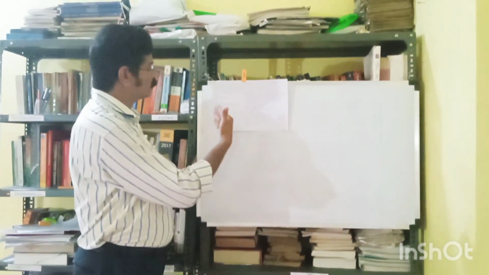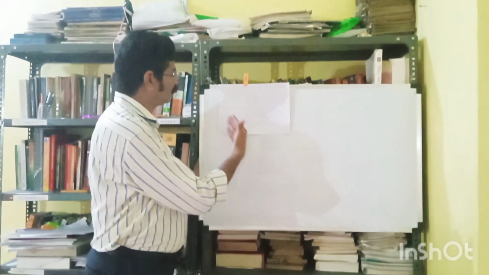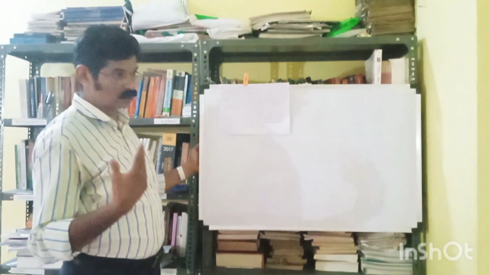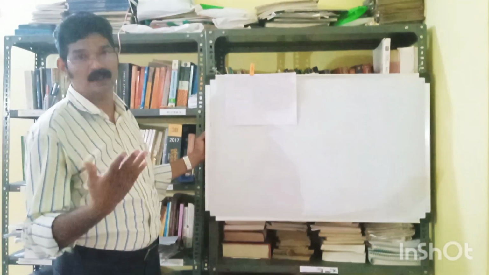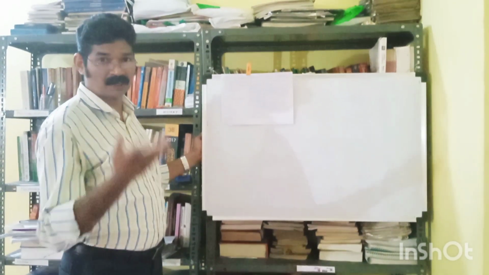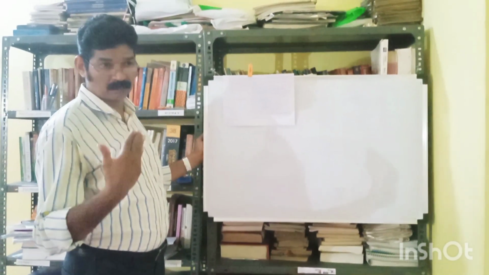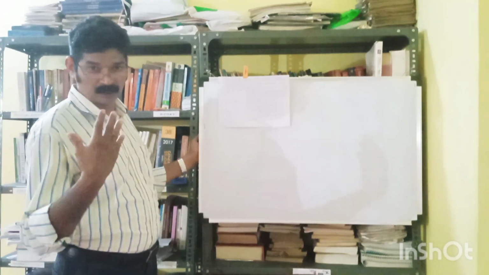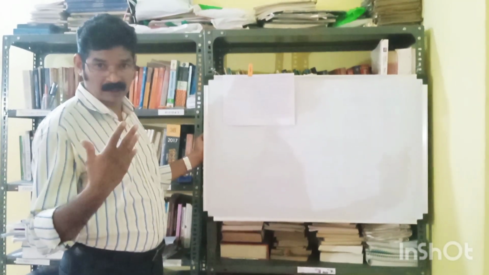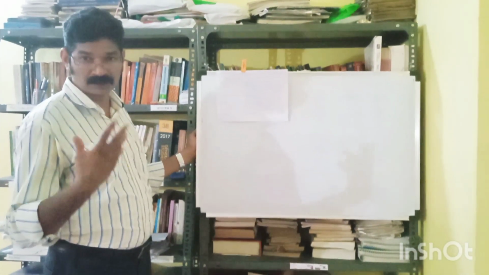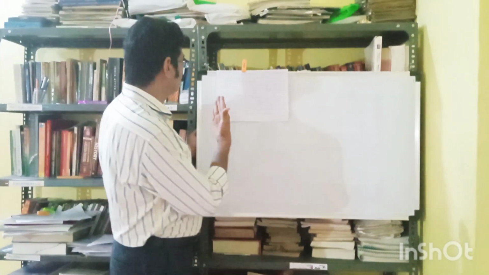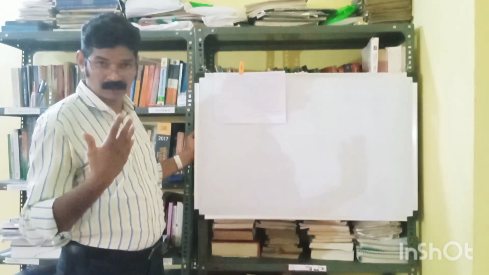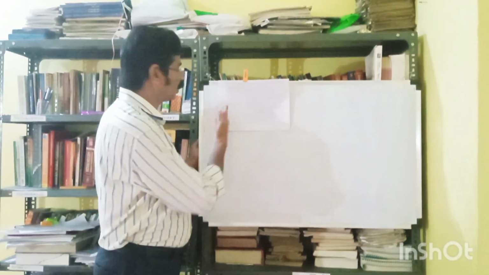As we discussed, the working bibliography starts when you start the preliminary readings of a particular topic. That is very important. It starts when you begin your reading to select a topic.